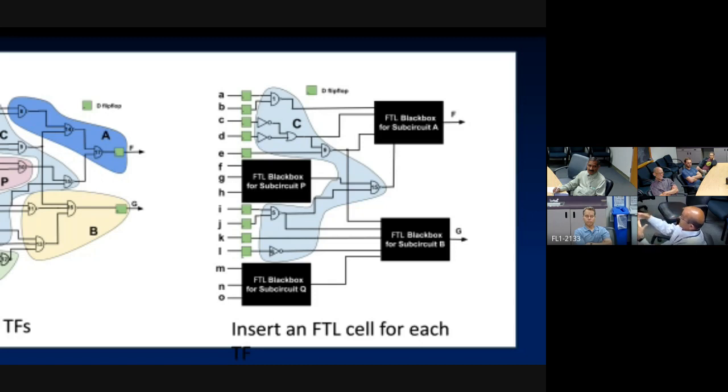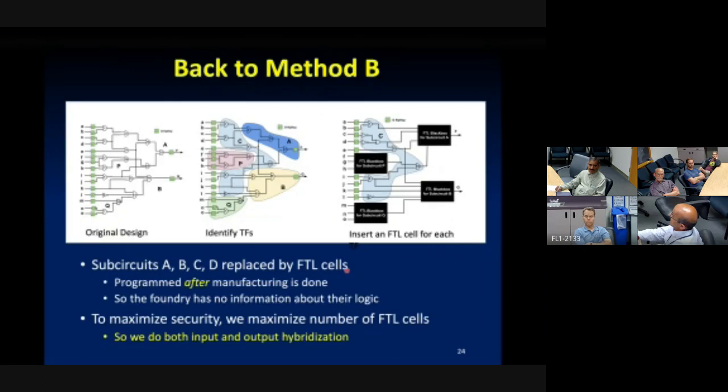The adversary who's fabricating this just sees 4 black boxes. They don't know what functionality is in those black boxes. But when I get the chip fabricated, I program these 4 black boxes and then the chip does what I want. But the adversary has no idea what was in the circuit I gave them, right? So this is essentially the strategy.